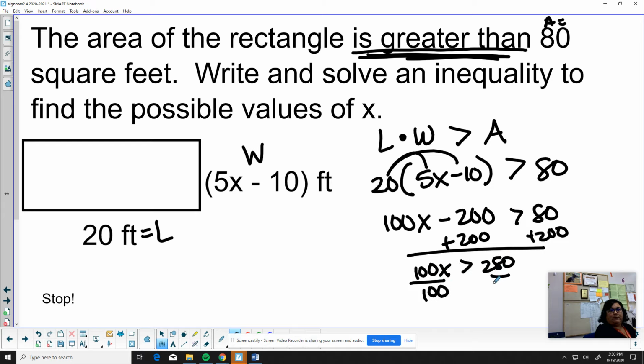And I'm dividing by 100. So my answer is 2.8. So the possible values for x over here are 2.8 and above to make this true, to make length times width be greater than 80. Okay, so this is my answer right here.